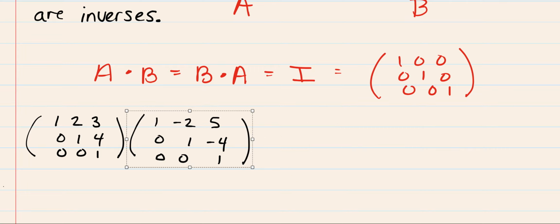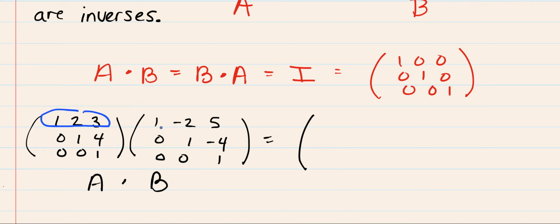Okay. So here I'm multiplying A with B. What will we get? First entry, this row times this one. We're just going to get 1 times 1, which is 1. Okay. Then continue this row with this one. We're going to get negative 2 plus 2, which is 0.